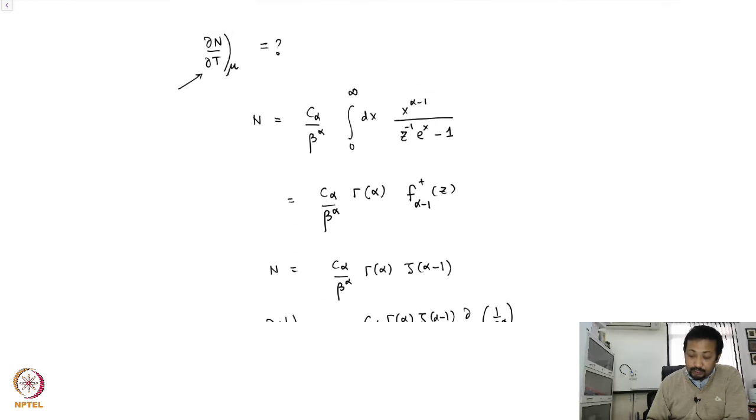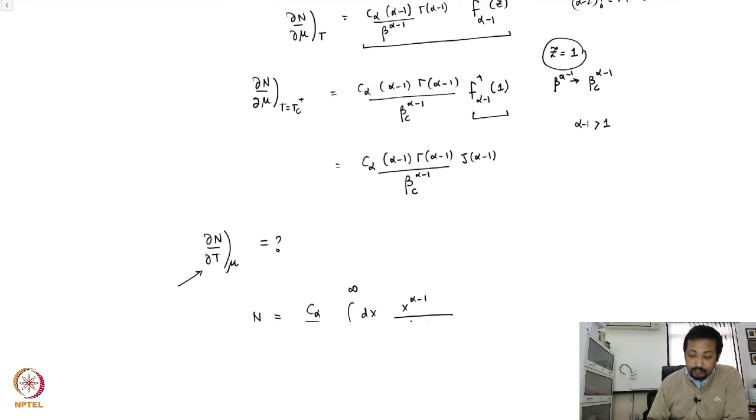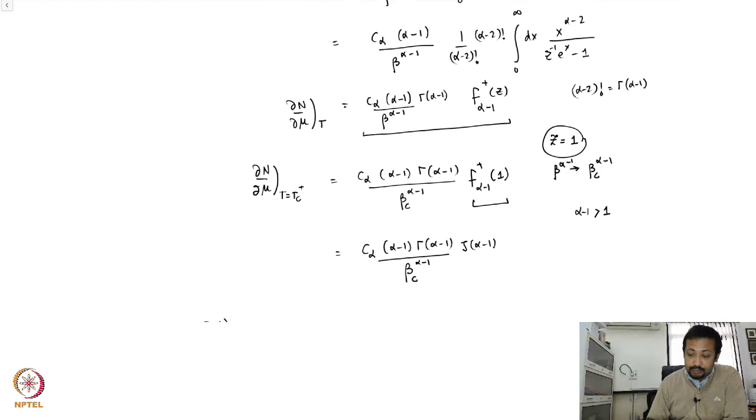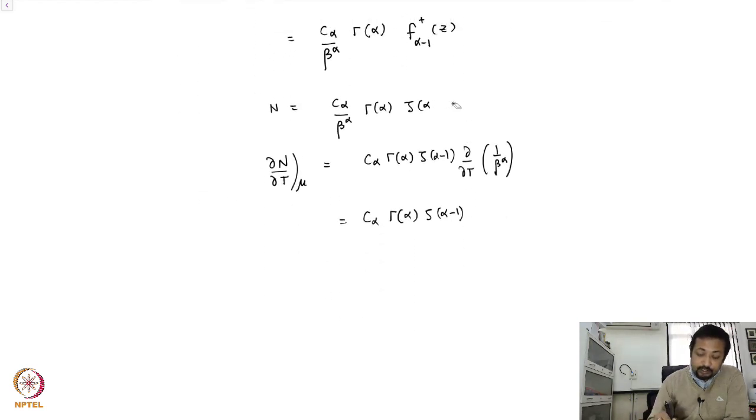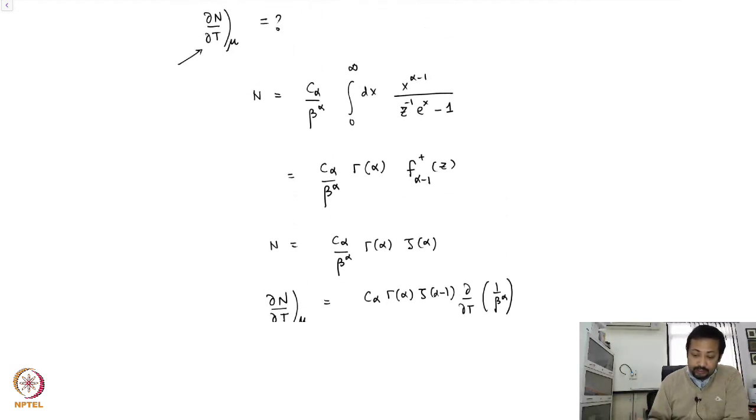I hope in the earlier one I have written it correctly. This is zeta of alpha minus 1. Yeah, so this is correct. So this was originally correct. This has to be zeta of alpha. And I had x to the power alpha minus 1, so this has to be f of alpha.